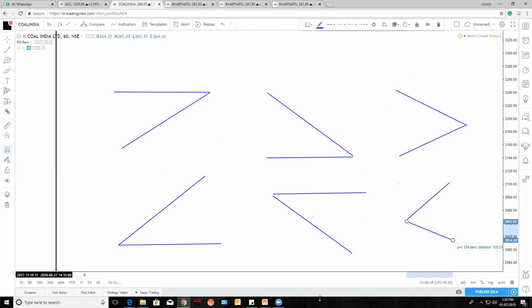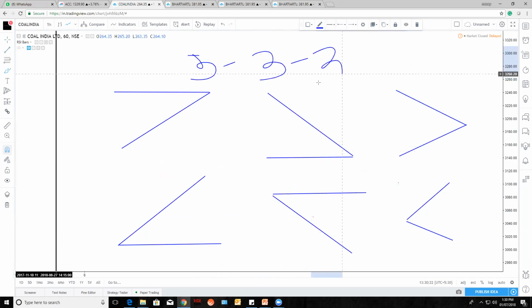A contracting type is one type of triangle, and an expanding type of triangle is another type. The internal waves in a triangle are the same, a 3-3-3-3-3 structure. What does it mean? It contains 5 waves internally. That is 1, 2, 3. It's one wave.